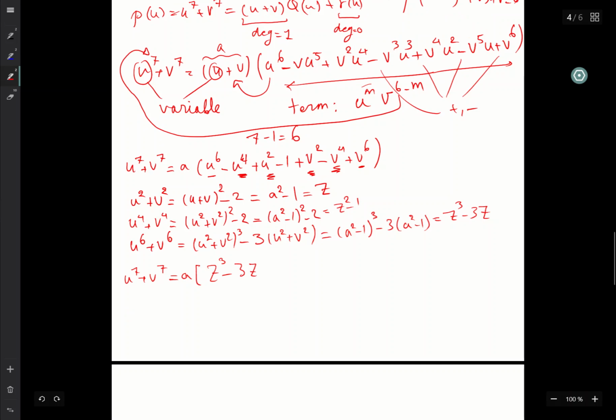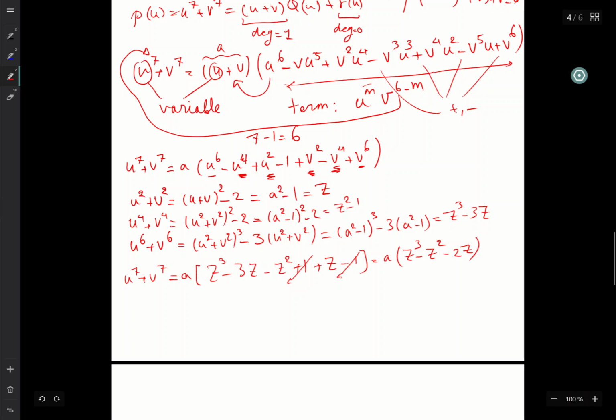minus (u4 plus v4 is z squared minus 1)... plus u2 plus v2 minus 1. So the plus 1 and minus 1 cancel out. This becomes a times z cubed minus z squared minus 2z.